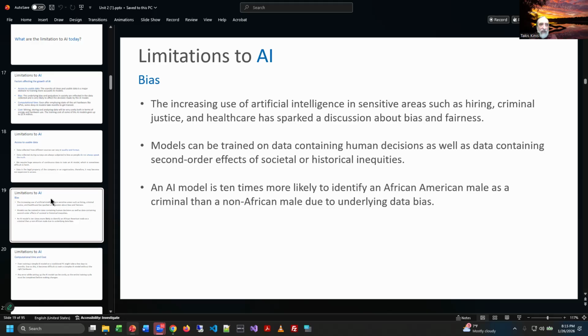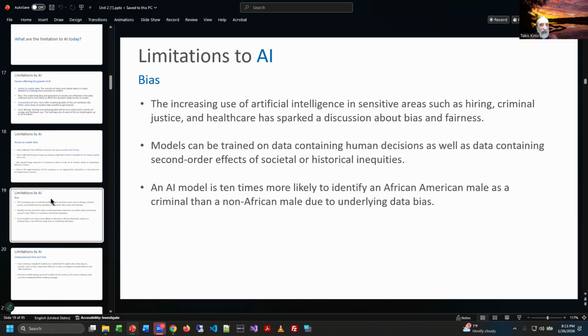So then our AI, if it's trained on biased data, might give very biased responses. And that's been one of the biggest complaints about generative AI: it is biased often against people we really don't want it to be biased against.